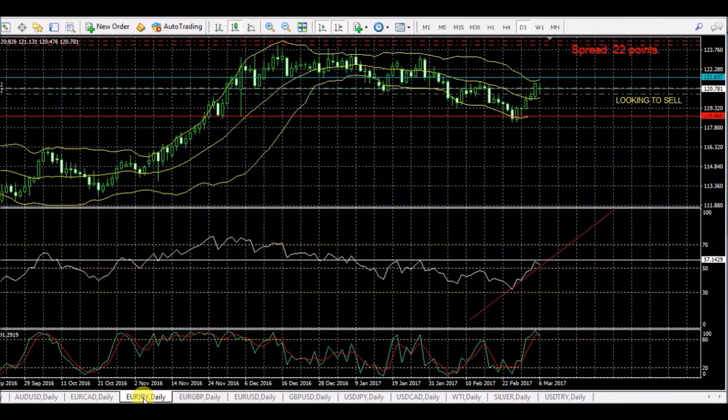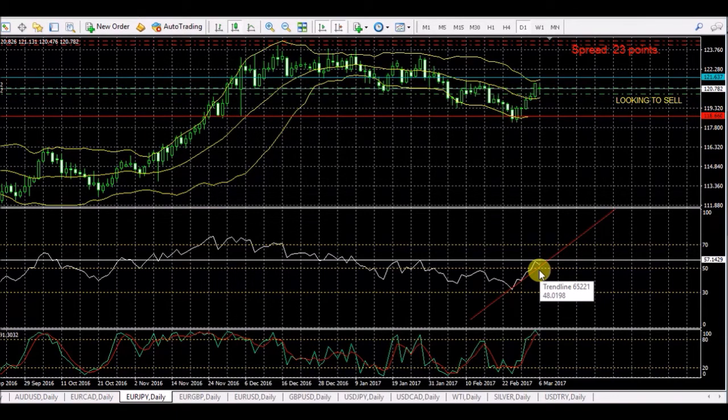But the next pair, the Euro Japanese yen, this is quite interesting. I've got my stop losses well out the way up the top there. If we go into profit here, I will bring them down and lock the profit in. We've had a little bit of a dip on the RSI.